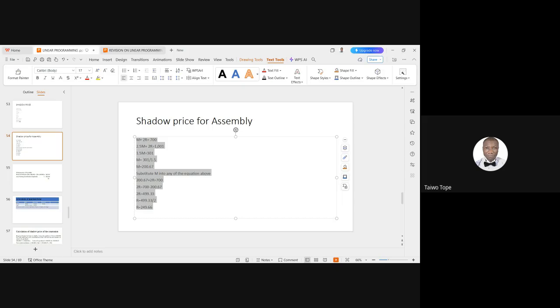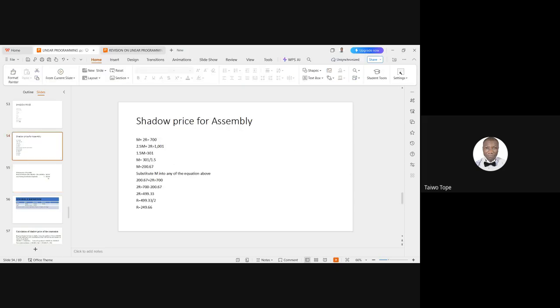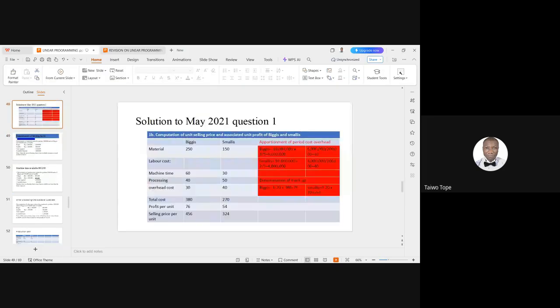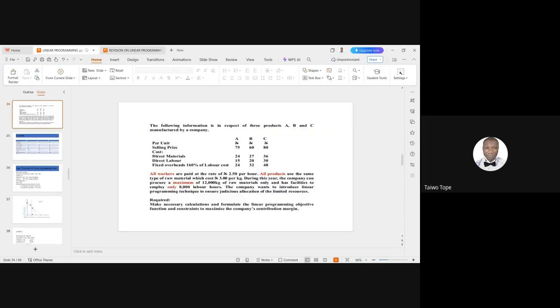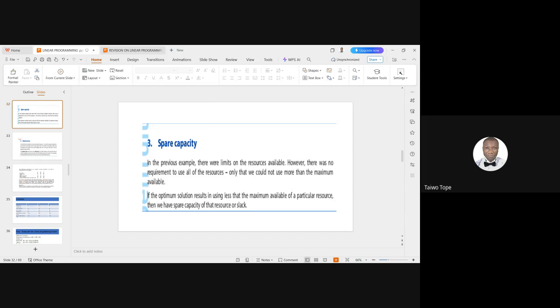When we talk about dual, I said it is what? It is shadow price. When we talk about slack, slack is the limitation where you have excess of resources. Another word for slack is spare capacity. In the previous example, I said there were limits on the resources available.